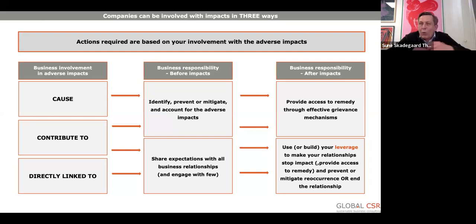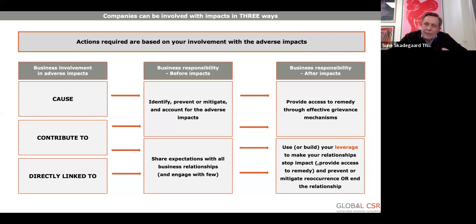I will now not be causing the adverse impact, but I will be contributing to it. I developed the AI, sold it to a business relationship. The business relationship applies it, and now I'm contributing, whereas the company that brings it to market is also contributing. So we are now in a situation where I did something, another company did something, and that led to the adverse impact on human rights.